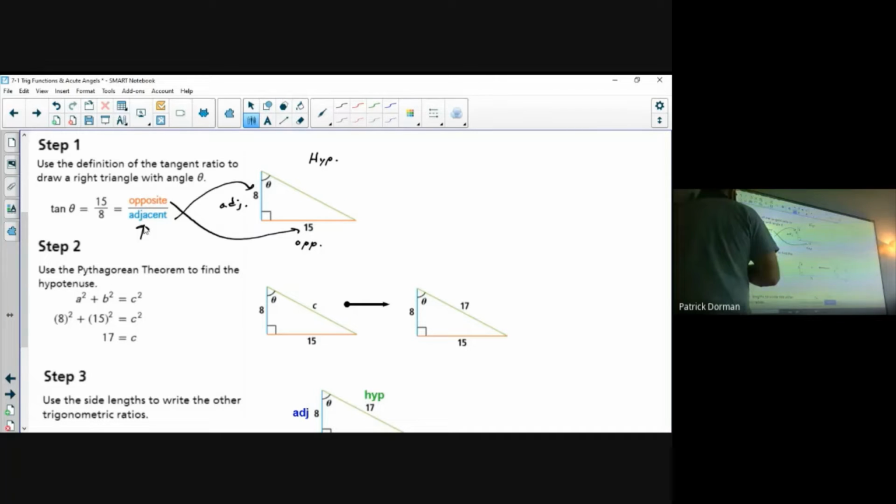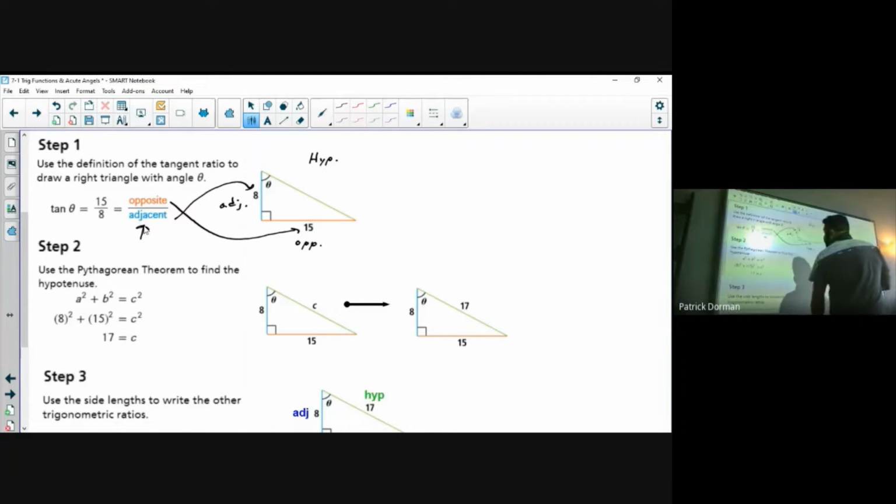We've got the good old-fashioned Pythagorean theorem, which will tell us the length of the hypotenuse. I was going to say measure, but there are no units here, so we're not measuring anything. It's just a length. Once we go through the Pythagorean theorem, we'll find out that we have a length for our hypotenuse.